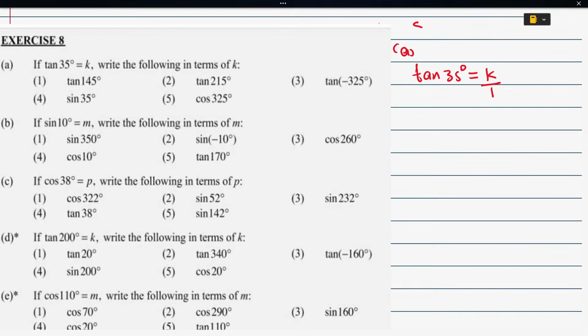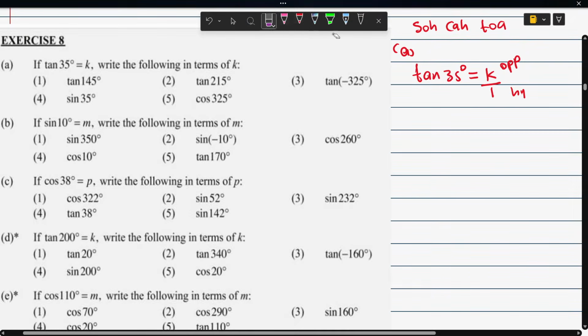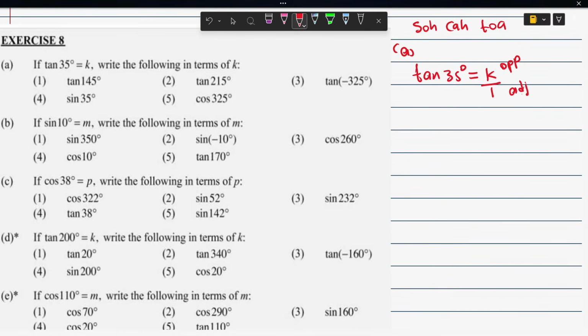Remember, we are going to use SOH CAH TOA. This is called reducing numerical values in terms of a variable. So this one is opposite, and this one is adjacent, because it's CAH.